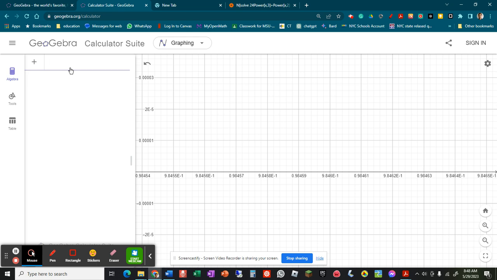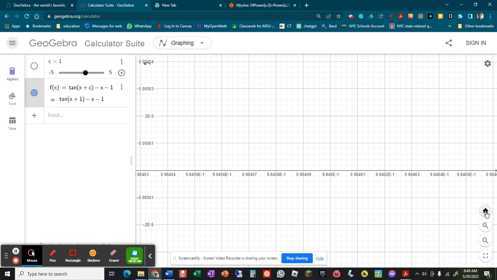So you start with the c, enter, and that will create a slider, and then my function is tan of x plus c minus x minus 1. I'm not sure how GeoGebra will handle that.